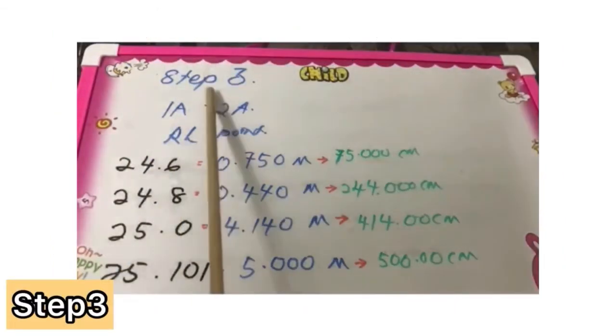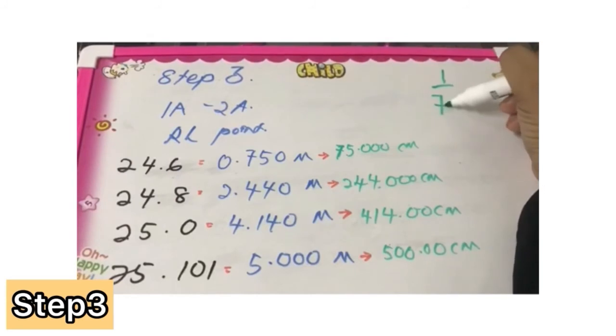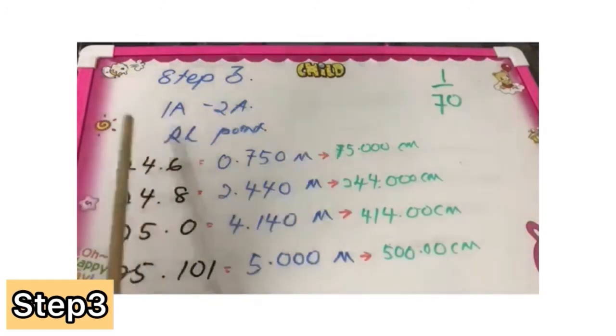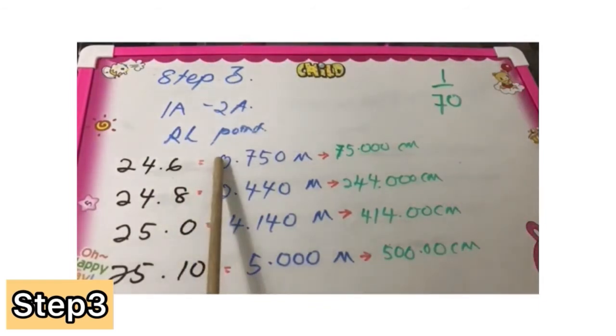For step 3, to do contour plan plotting, we have to calculate the scale. The scale that we use is 1/17. And this is the reduced level point. And this is the answer for arithmetic calculations check.